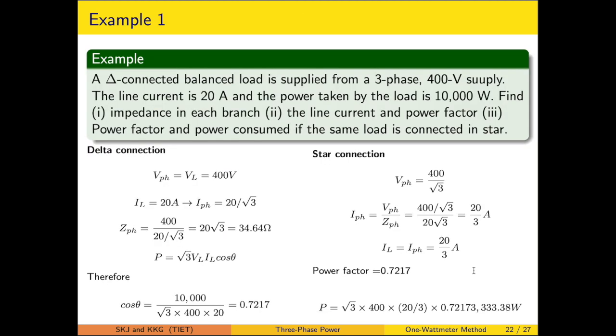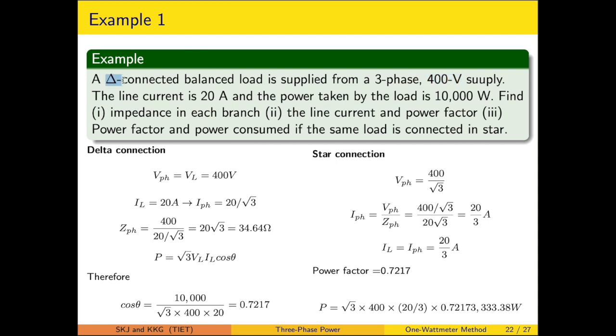Now there are a few examples which we have to consider to further emphasize the concepts. Let's say it is a three-phase system of 400 volts. When it is not specified, this is to be taken as the line voltage and the RMS value.